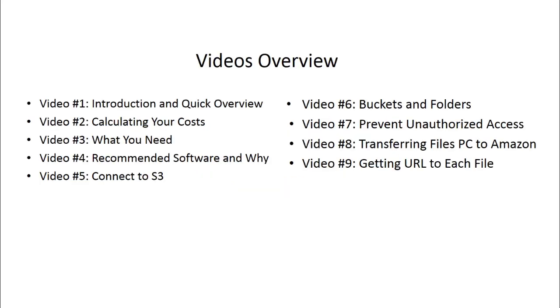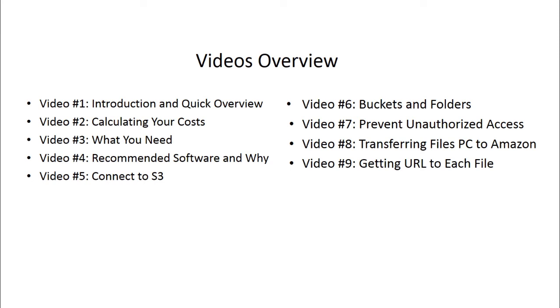Now here's a quick video overview of what's inside this video course. Video 1 is the introduction. Video 2 is calculating your costs so you know exactly what you're getting into and how much you're going to save. Video number 3, we're going to talk about what you need to get started. Number 4, we're going to talk about recommended software and why. Number 5, we're going to talk about connecting to S3 and what you need to have.